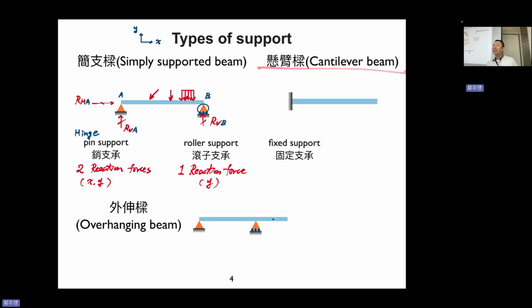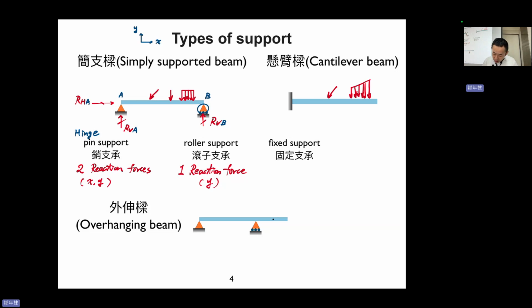Here is called a cantilever beam, 悬臂梁, just like your arm doing this, and our body is the wall. The wall is a fixed support. You can imagine that the force maybe looks like this, or maybe looks like that. No problem, just draw randomly. It doesn't matter.